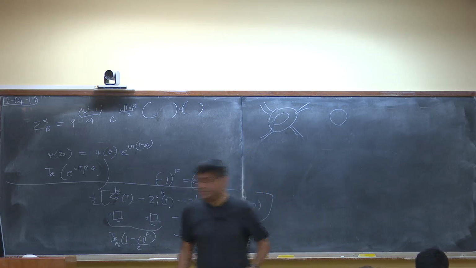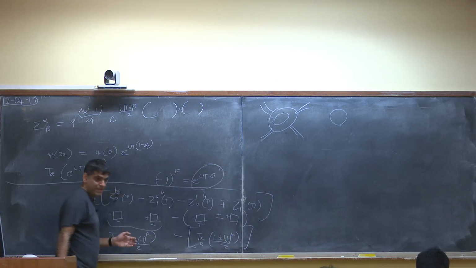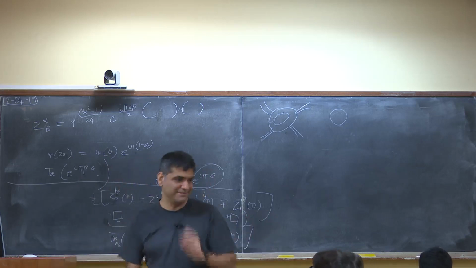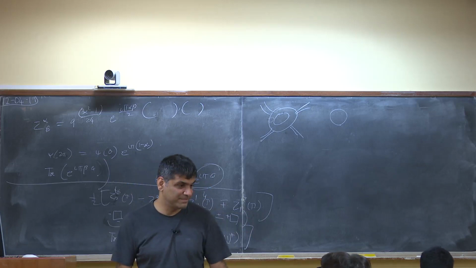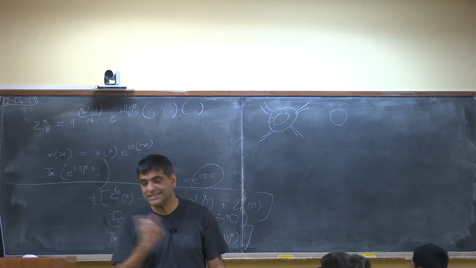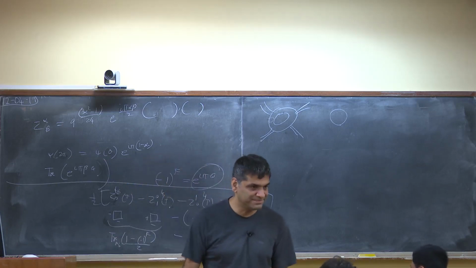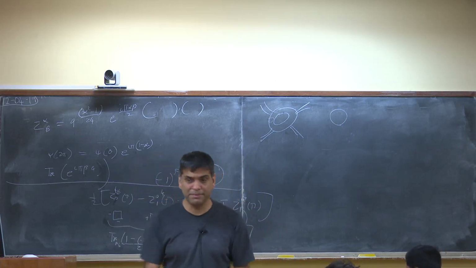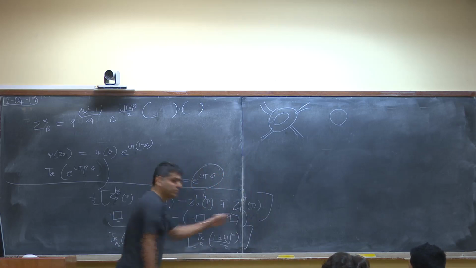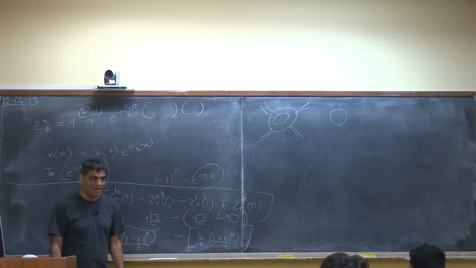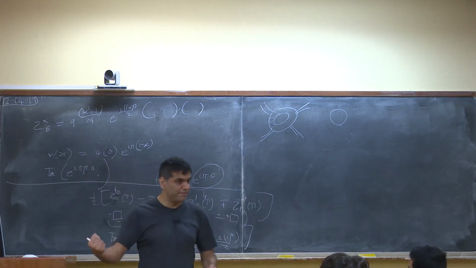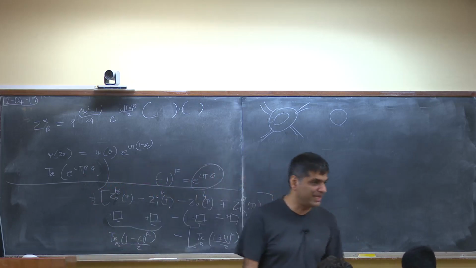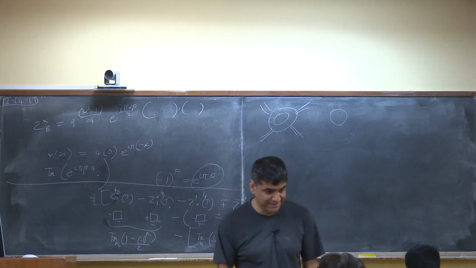So if we do this and then we square it because we've got one on the left and one on the right, it's going to work. Because either we have two states in the NS sectors, those are clearly bosonic, or we have two states in the Ramond sector, those are bosonic, so they should contribute with a plus, and they do contribute with a plus because the two minuses cancel. But if we have one thing from the NS sector and one from the Ramond sector, then we want it to contribute with the minus because those are going to be fermions in space-time, and they do contribute with the minus.